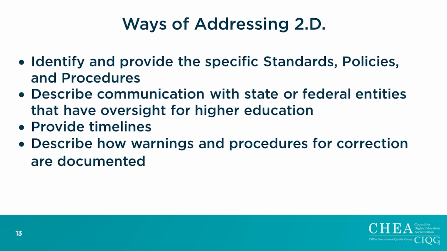This narrative may highlight policies and/or procedures the organization would use if it became aware of poor performance in between formal or comprehensive reviews. The policies and/or procedures should include timeline for processing and responding to monitoring reports, such as follow-up reports, progress reports, or annual reports, or any other actions required of institutions or programs.